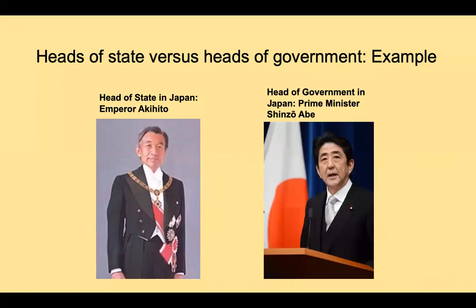So let's give you an example to make this more concrete. If you went to Japan, you'd find the head of state in Emperor Akihito. You'd find the head of government in Prime Minister Shinzo Abe. These are two different figures who have very different roles and responsibilities. Prime Minister Shinzo Abe theoretically won't be there forever or really that long in the grand scheme of things.